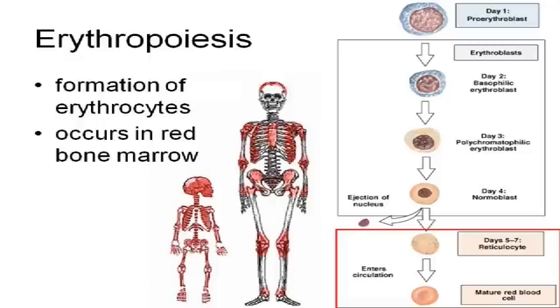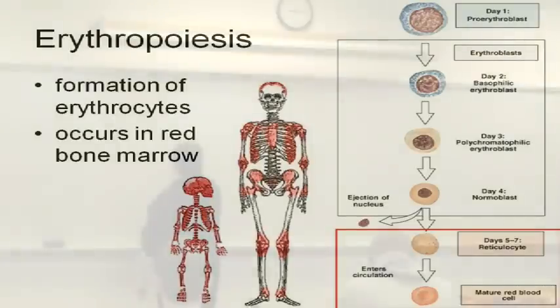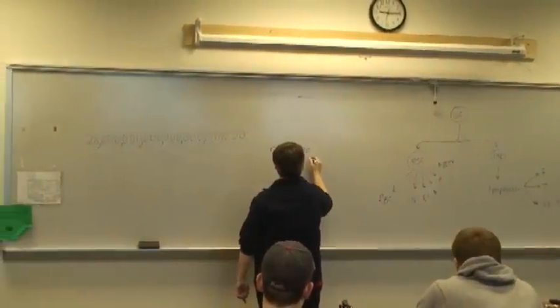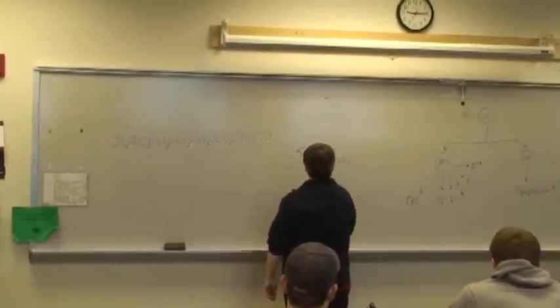So if I've got roughly how many red cells? Oh Lord, we lost the number. Million per microliter, and 5. Let's do this the easy way.